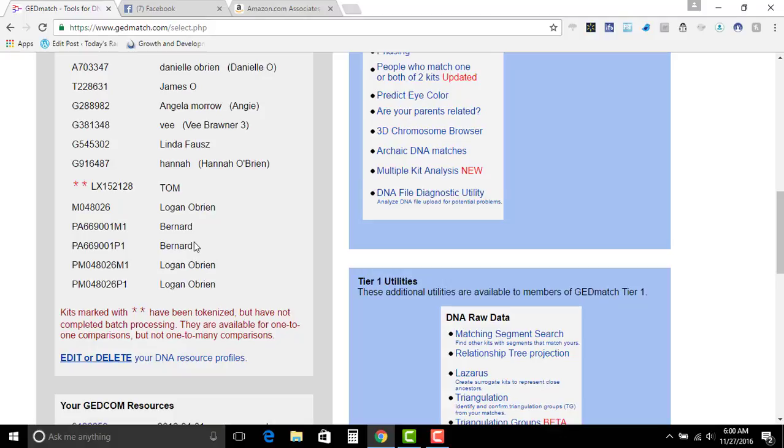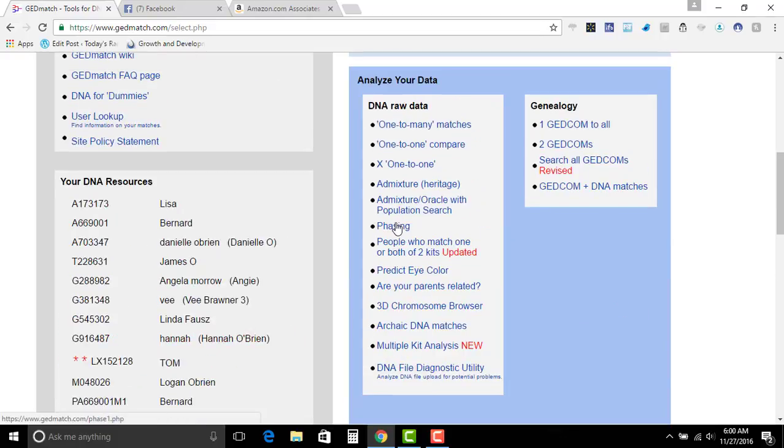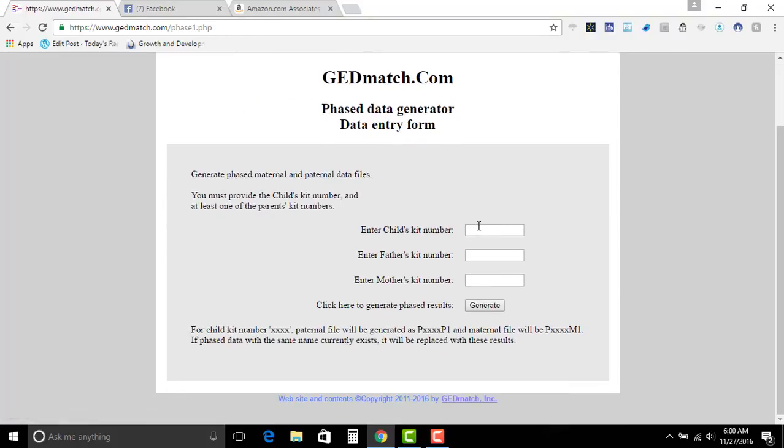So, a good way to fix that, you go over here to phasing, enter the child's kit number, both if you have it, or just one if you don't, either the father or the mother. And what happens is it'll make you a special list.